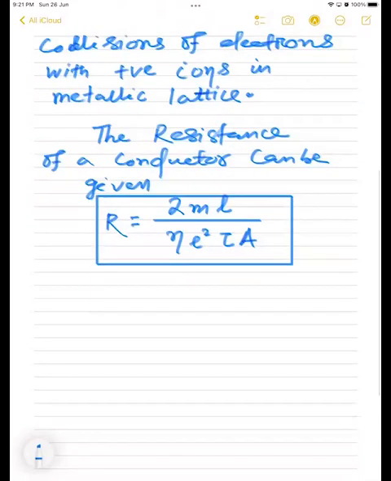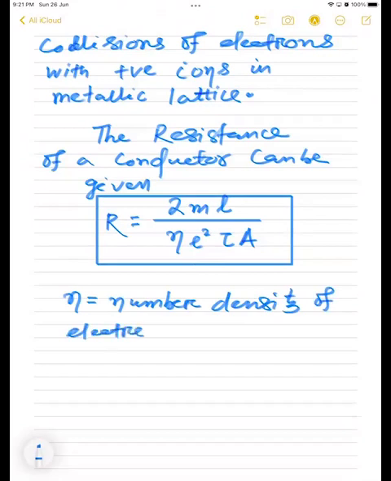That means n is, students, this is n, right? N is number density of electrons. What is e? Electron charge, right?